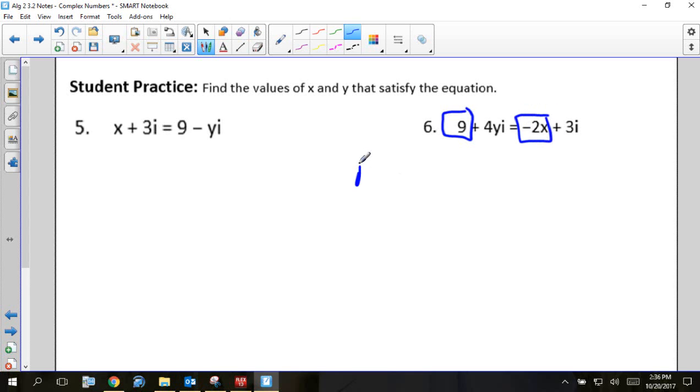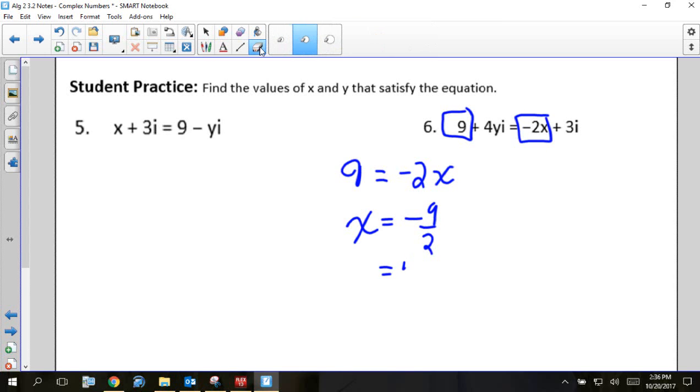I say 9 equals negative 2x. So I solve that equation. What does x equal? Negative 4.5 or negative 9/2, however you decide to write it. They're the same. Sorry, I forgot a negative sign.